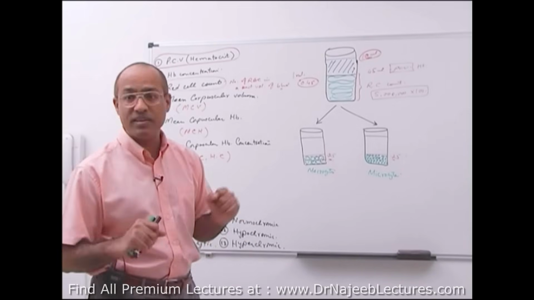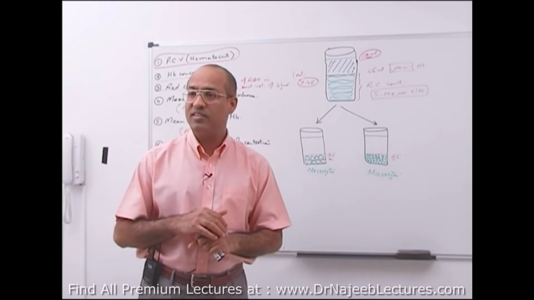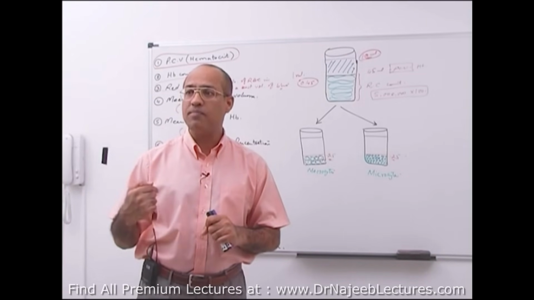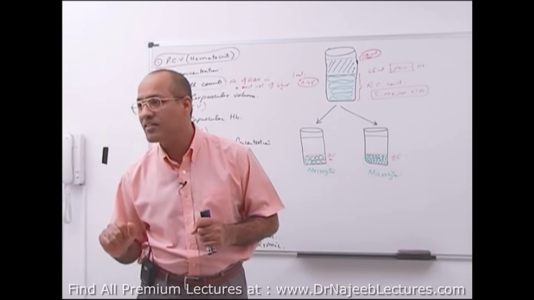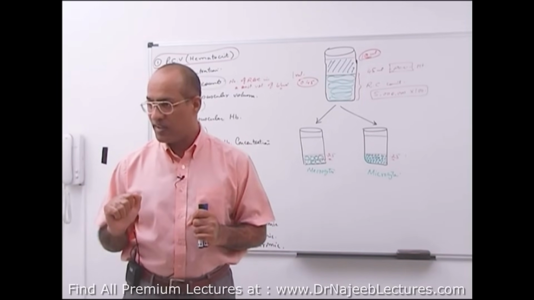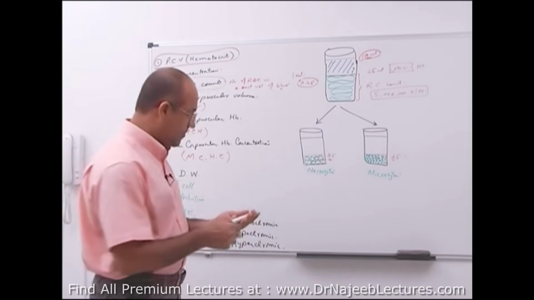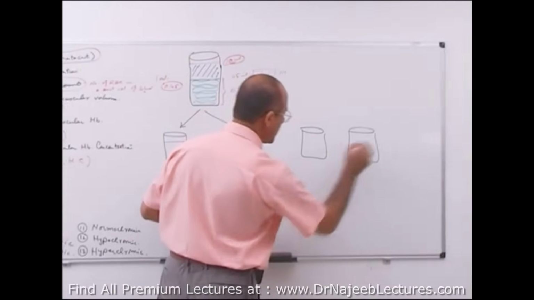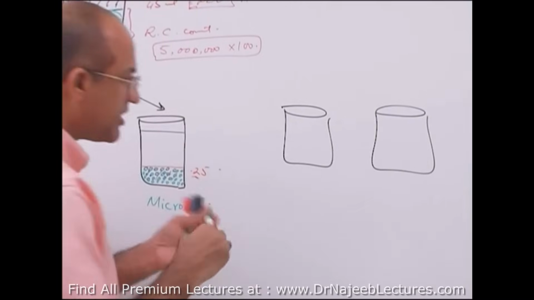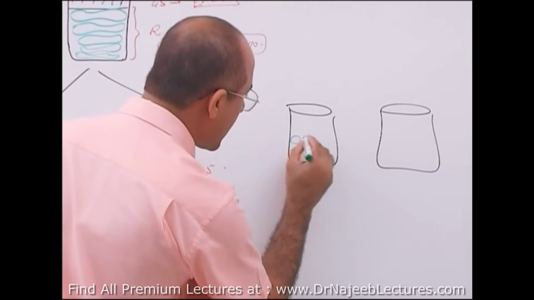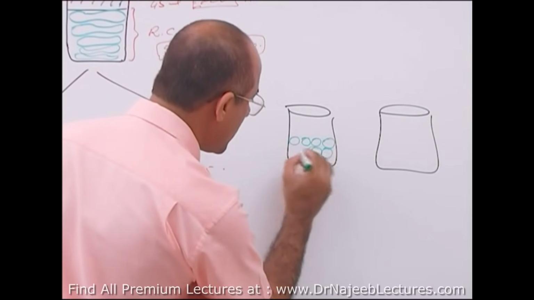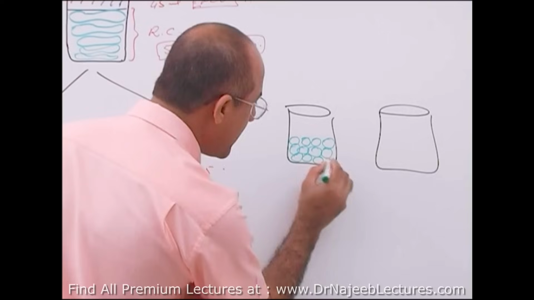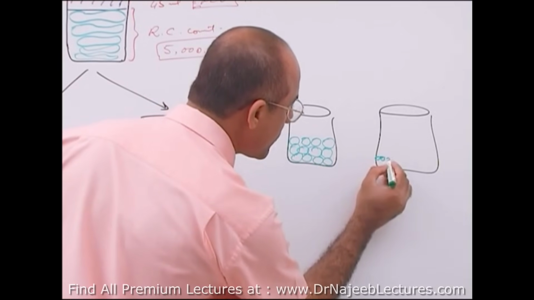It can also happen that you come across two patients, both of whom have an equal number of RBCs. The red blood cell count is equal. Look, another example. There are two friends here, right? The number of red blood cells is equal, but one has larger red blood cells and the other has smaller red blood cells.